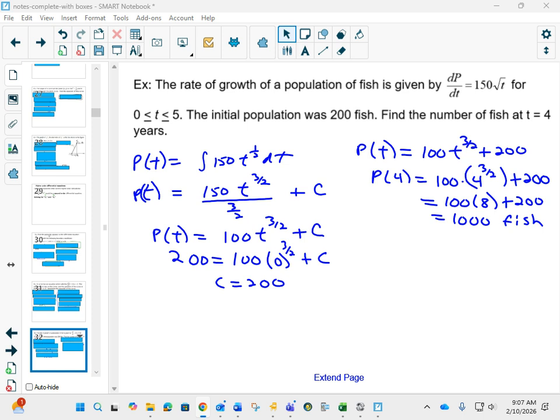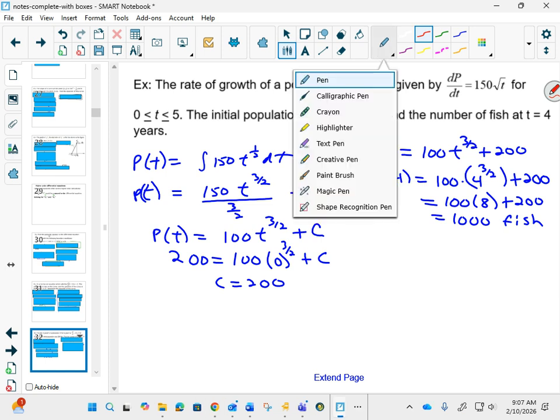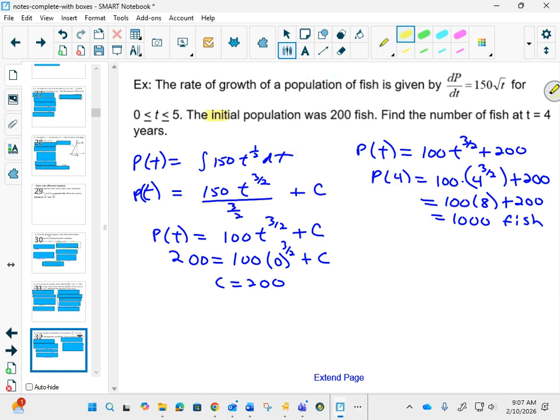So what we're going to do is say our population is going to be the indefinite integral of this. We do our rules where we add 1 to the exponent and divide. We can simplify this. An initial, this is important, because if we don't know that initial means time is 0, we run into a lot of problems.